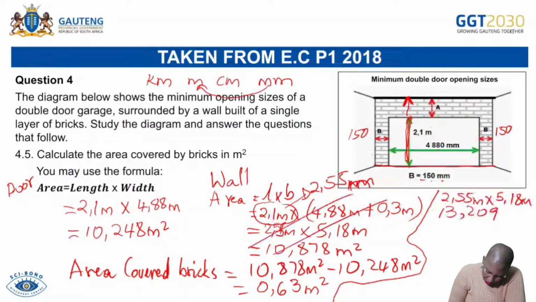And then that means here it won't be 10. We cancel out that one.